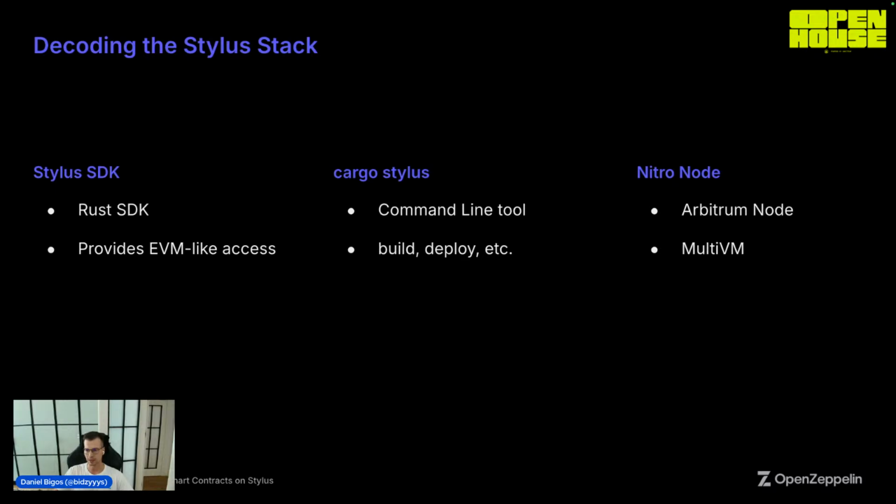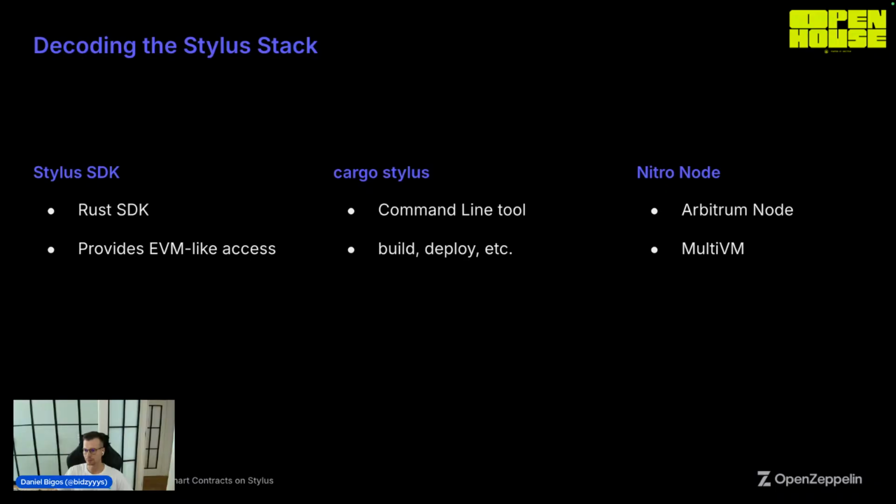The second tool that I'm going to introduce is Cargo Stylus. Cargo Stylus is a command line tool that brings you all the features that you need to build Stylus smart contracts, deploy them, verify them, cache them, and anything else that comes to your mind.